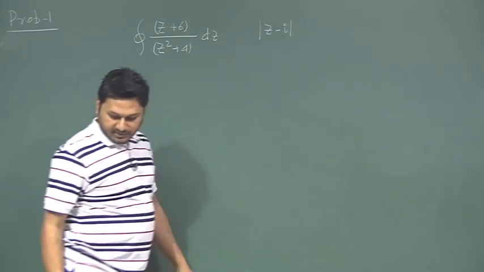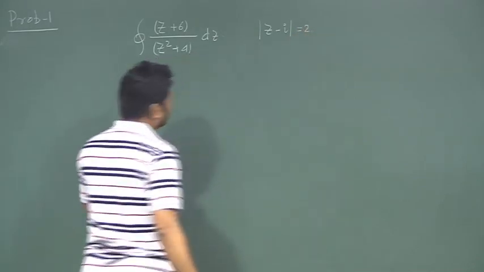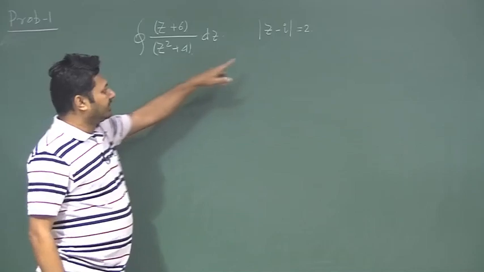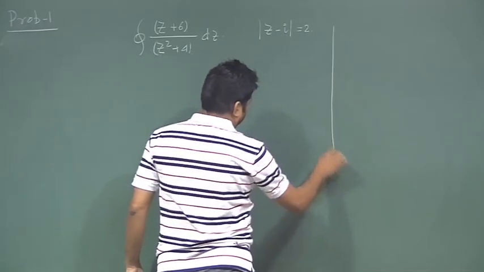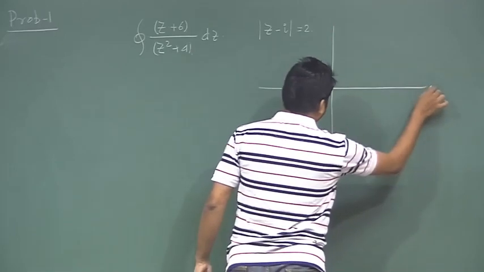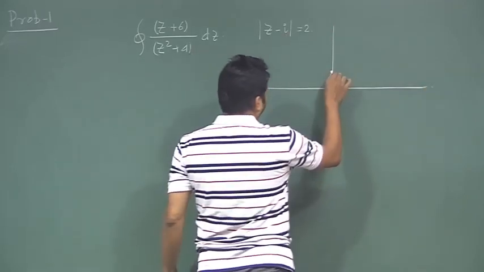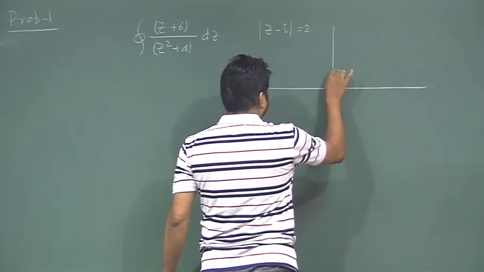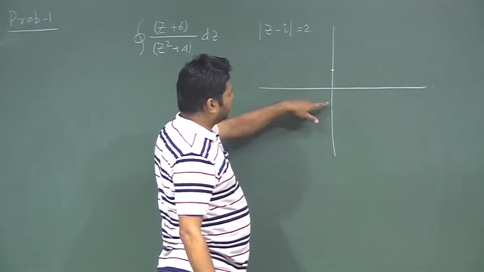The region that is given is |z minus i| equal to 2. So this is the function, and this is the region. First, I need to identify the region in which I am evaluating this. So |z minus i| equal to 2 means the center is at the point i, and I should have a circle with radius 2.